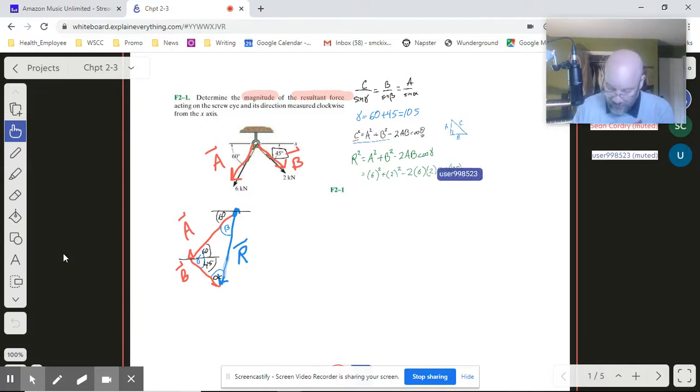Just like that. So that's what r squared is. Now, you can work all that out. Type that into your calculator, take the square root of everything, and what you're going to get turns out to be 6.798.